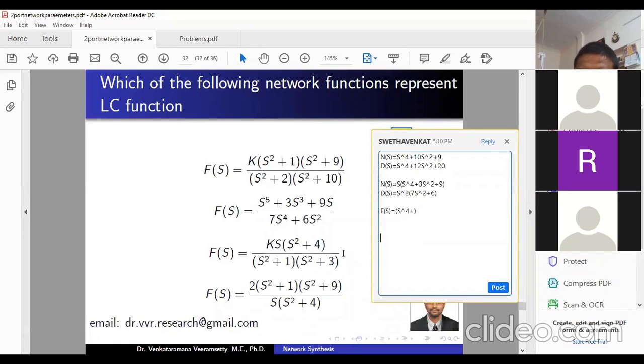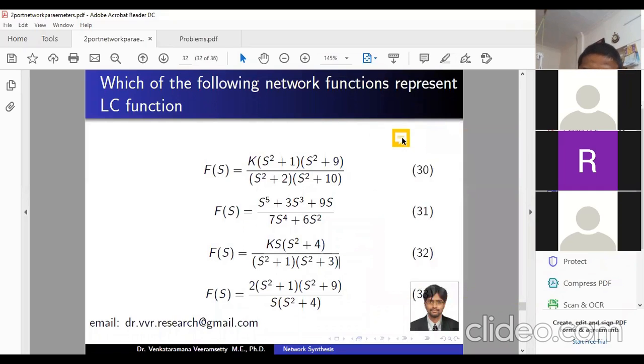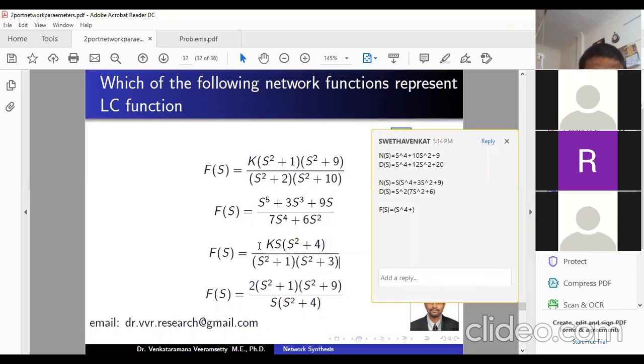That is even. So this is the odd function in the numerator, and s to the power 4 plus 4s square plus 3 in the denominator is the even function.